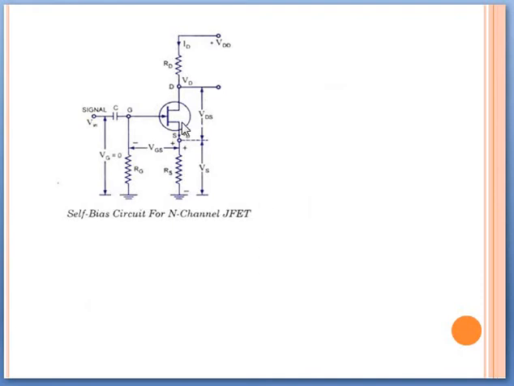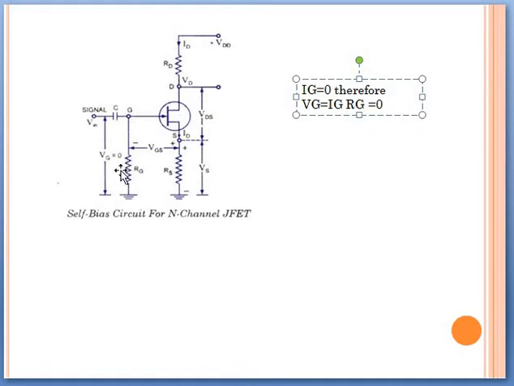As we know, the gate current is always 0, so the VG is equal to IGRG, which equals 0, where IG is always 0.